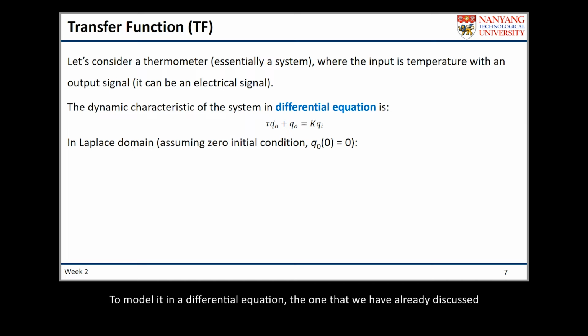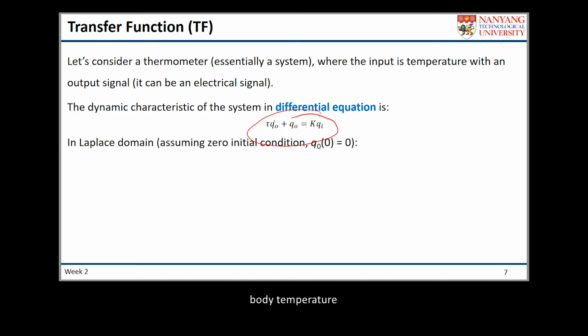To model it in a differential equation, the one that we discussed in the previous session, the model of this thermometer is shown in this equation, where Qi is the input, which is the body temperature, and Qo is the output of the thermometer, which in our case is the level of the mercury.